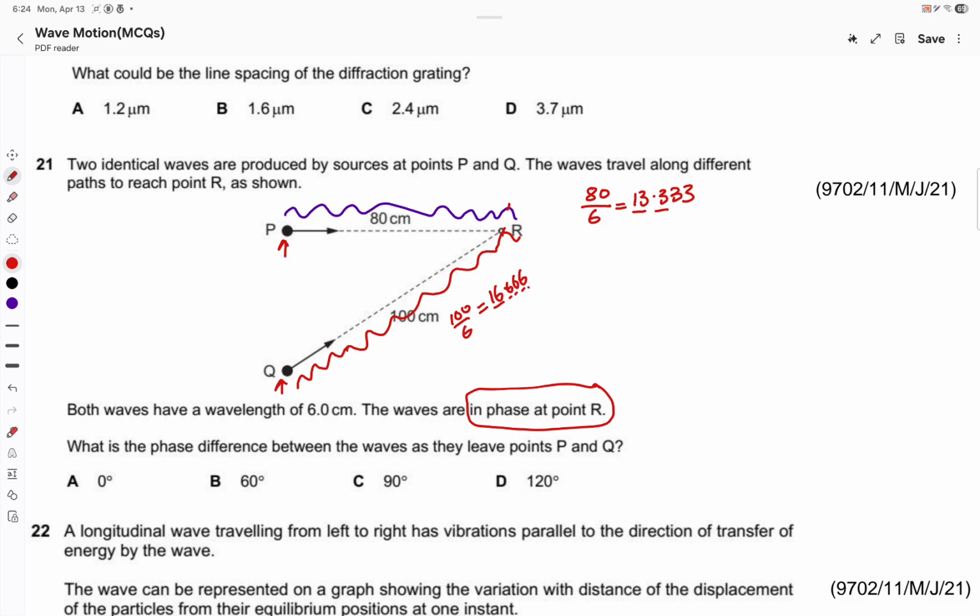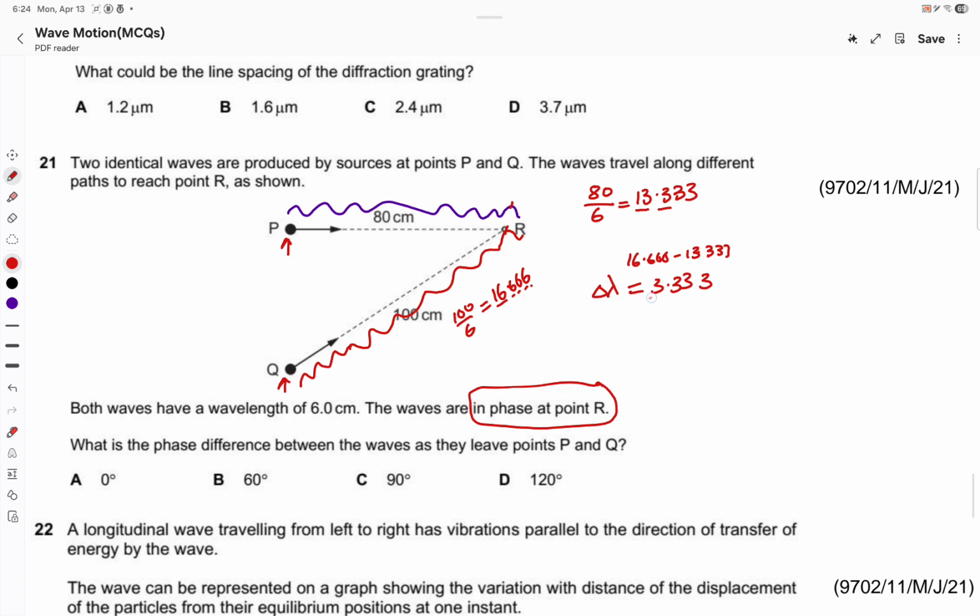If I take the difference, 16.666 minus 13.333, I'm getting 3.33333. The difference in lambda is approximately 3.33333. It means 3 complete waves are there, but 0.333 is a different amount. It's the difference between P and Q.